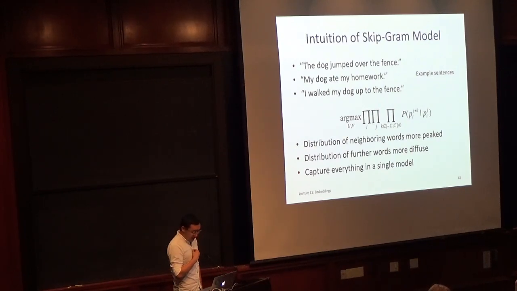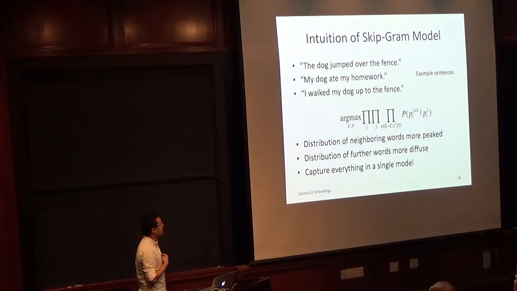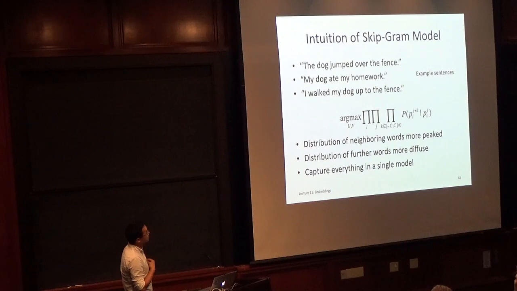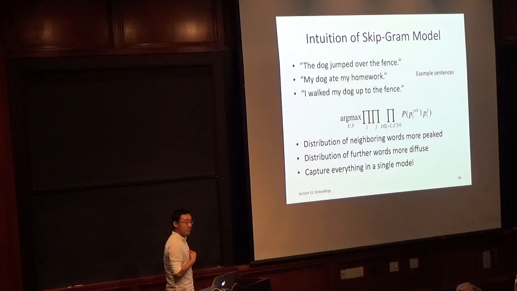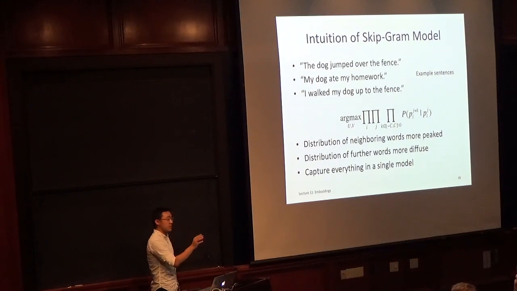So in this particular case, if this was representative of the corpus of text that we want to model, we might think that dog and fence have some kind of relationship to each other, because they sort of appear close to each other often.